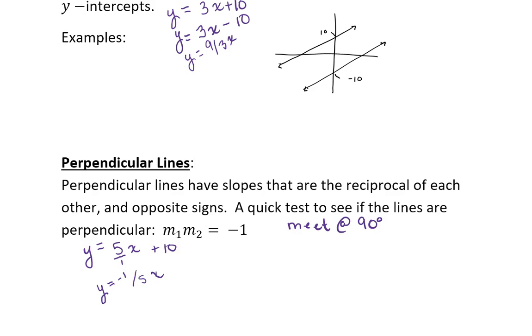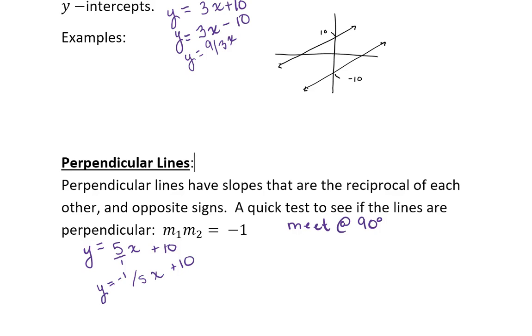And I don't have to have any specific y-intercept. It can be the same one or it can be different. In this case, I'm going to call it the same. So they're both going to pass through (0, 10), and that's the point where they will form 90-degree angles.